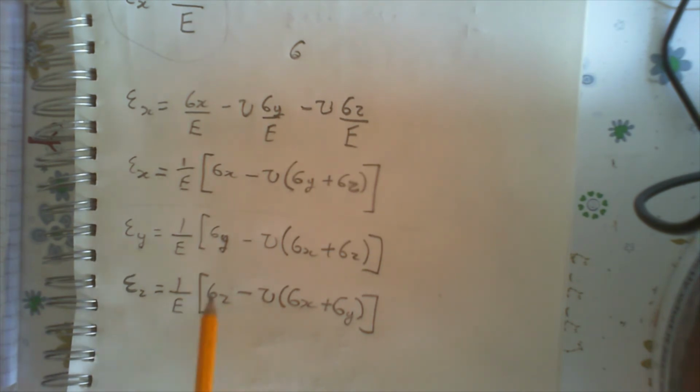We're doing the same thing, we're looking at the stress in the z axis and subtracting the sum of the stresses times Poisson's ratio to find the strain at z. So what this does, this kind of encapsulates applying Hooke's law and Poisson's ratio to a material in all directions if there's stresses on it.